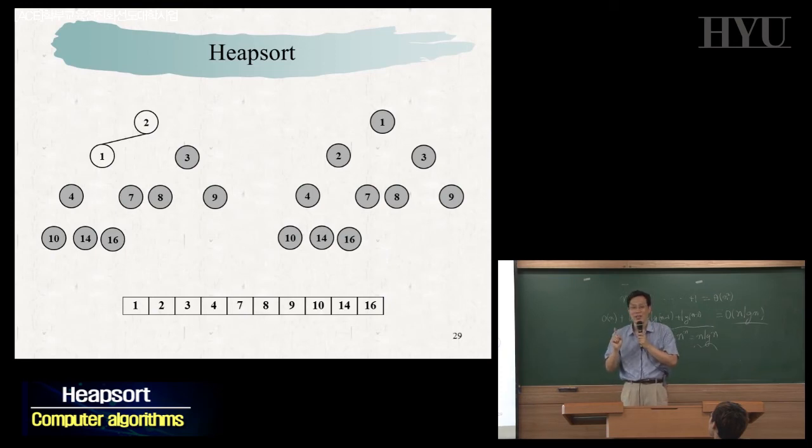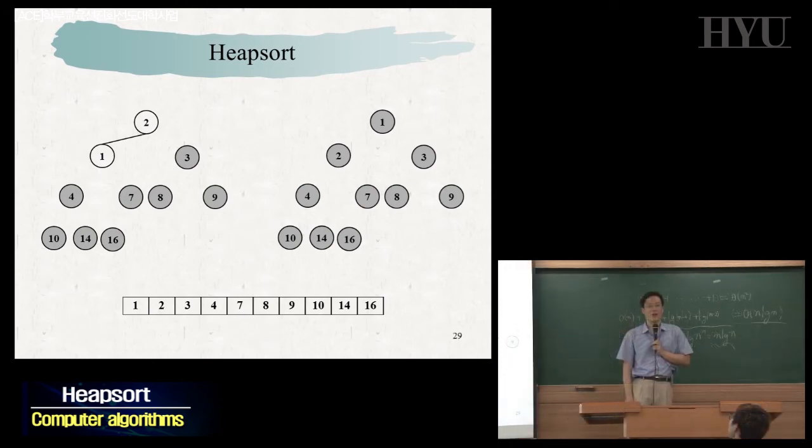And there is one thing I'd like to talk about, the space. I told you that heap sort is an in-place sort. What is the definition of in-place sort? Only a constant number of additional memory is required, to be exact. Okay? So consider the merge sort.